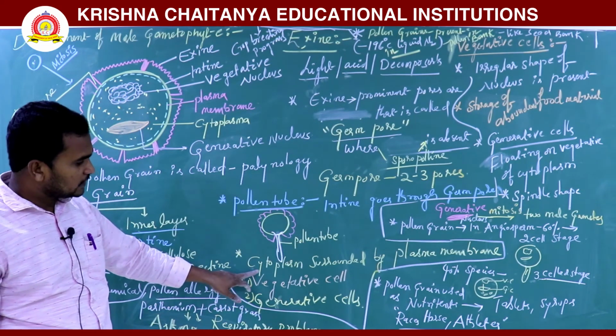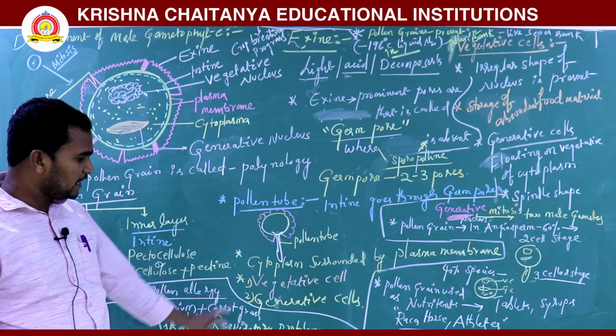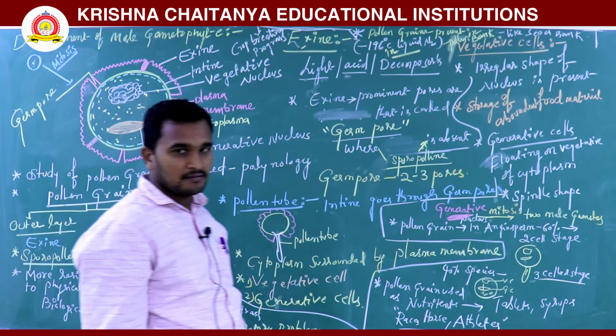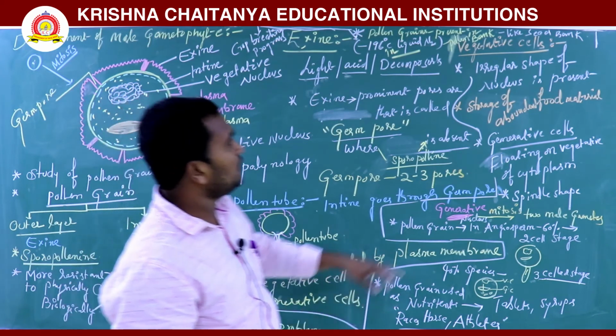Next, the cytoplasm is surrounded by the plasma membrane. Then the vegetative cell and generative cell are there. This is the vegetative cell, this is the generative cell.